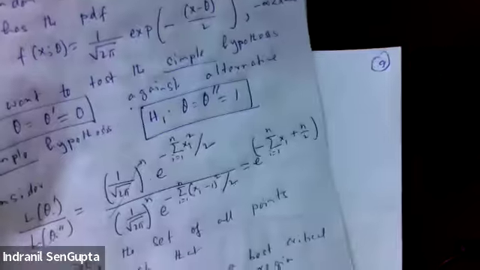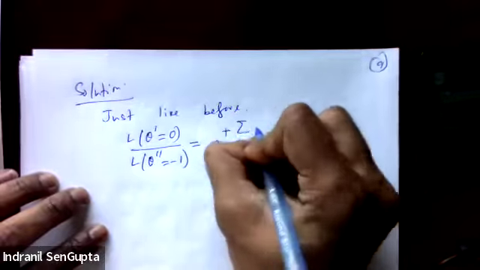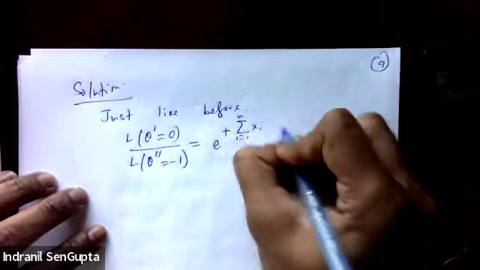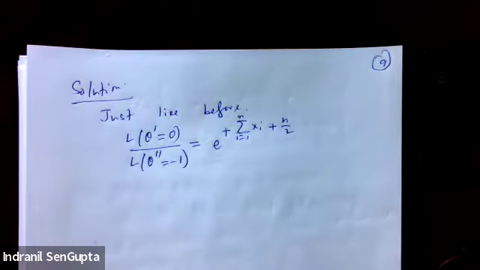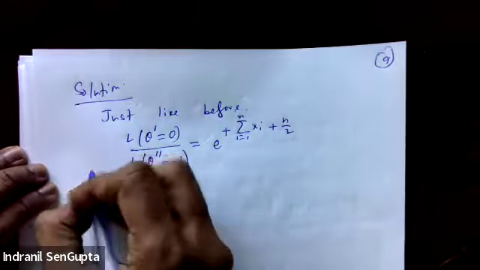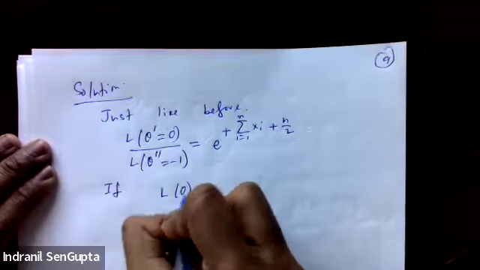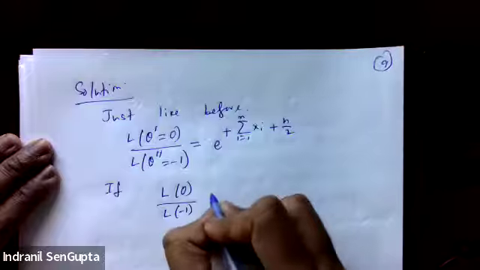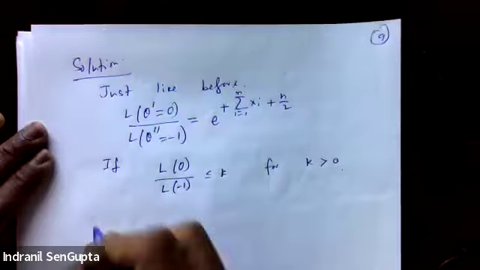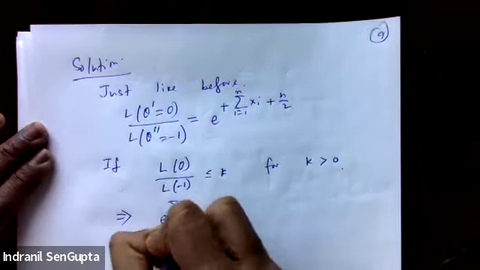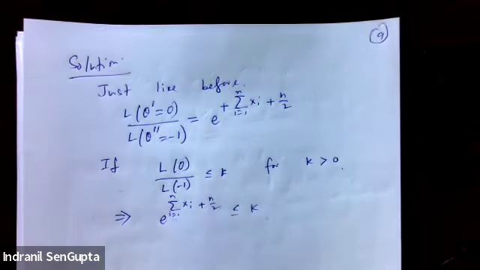Okay. So let's write it down. It's e to the plus summation of xi, i from 1 to n, plus n over 2. That's the only difference. Now, just like before, if L of 0 over L of -1 is less than k, for k bigger than 0, that would mean e to the summation of xi, i from 1 to n, plus n over 2 is less than k.